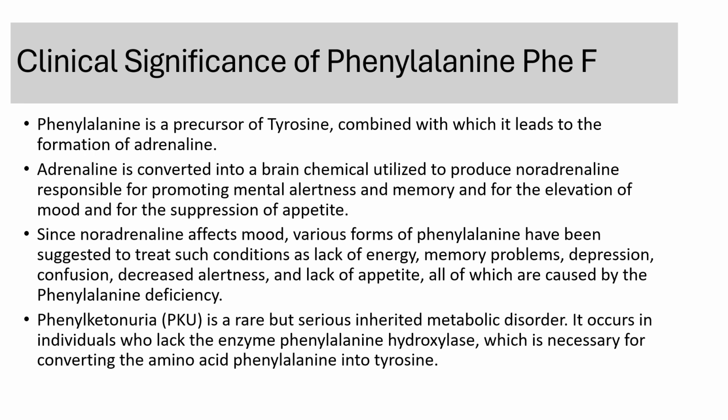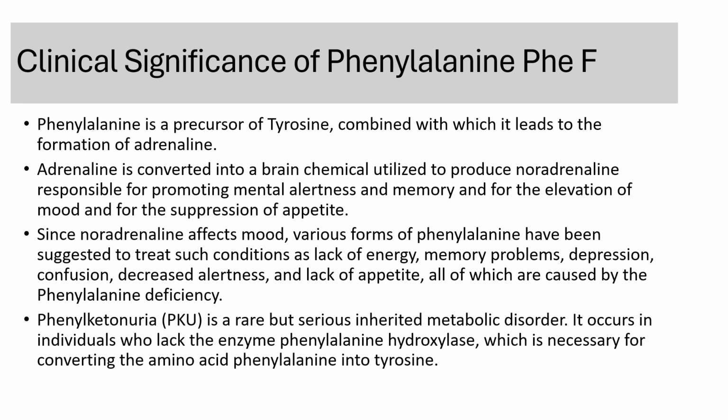What is the clinical significance? Phenylalanine is a precursor of tyrosine, combined with which it leads to formation of adrenaline. Very important. Adrenaline is converted into a brain chemical utilized to produce noradrenaline, responsible for promoting mental alertness, memory, and for the elevation of mood and for the suppression of appetite. So, very important.